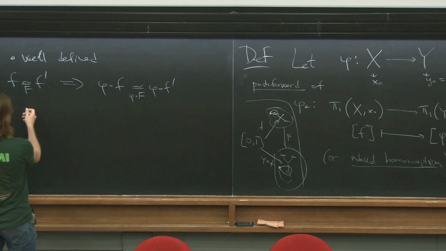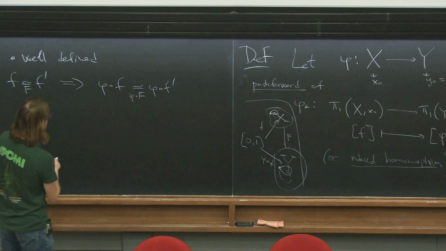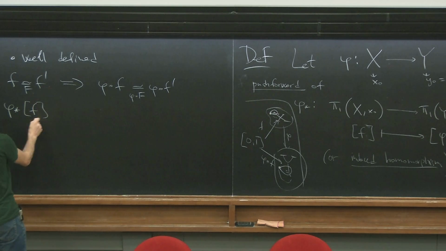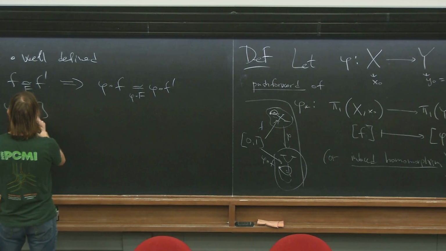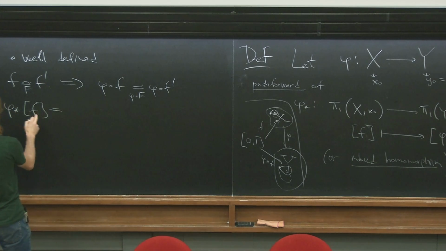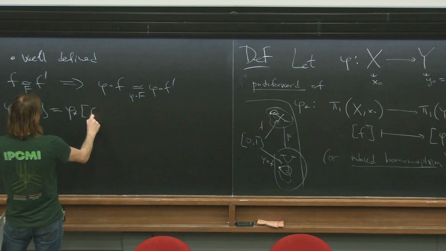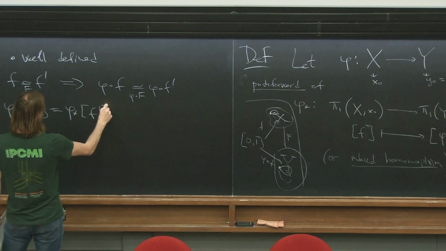And this means that phi star applied to f, phi star calculated using the representative f, is the same as phi star which we have using representative f prime.